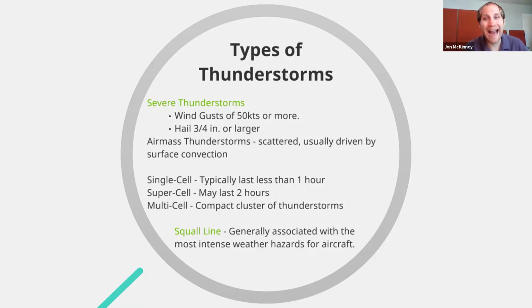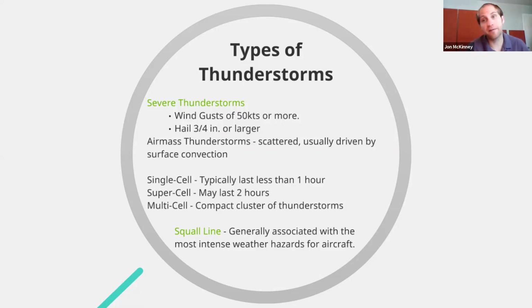So if we have an air mass thunderstorm, the lifting force could be more from thermals, convection. So we've talked a lot about how the sun puts off the shortwave solar radiation, heats up the surface of the earth. So then like in the summer days, as the earth gives off its heat, pockets of rising air could create an air mass thunderstorm.